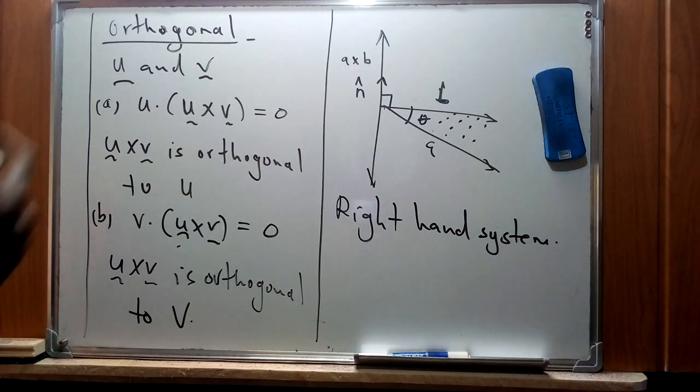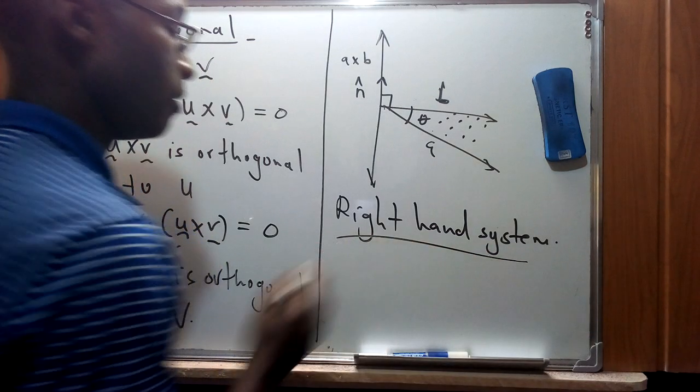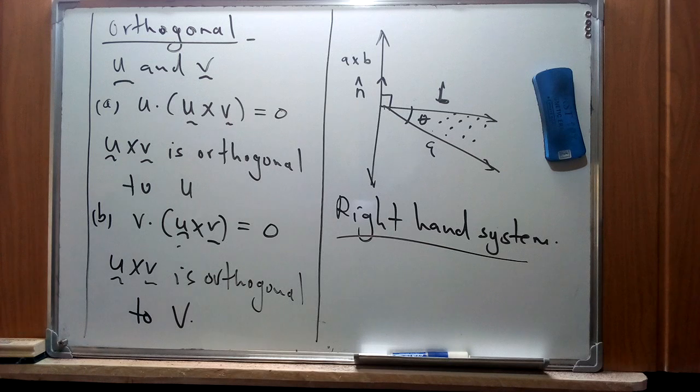We can use this to define quantities like magnetic fields that use the right hand system in their application.